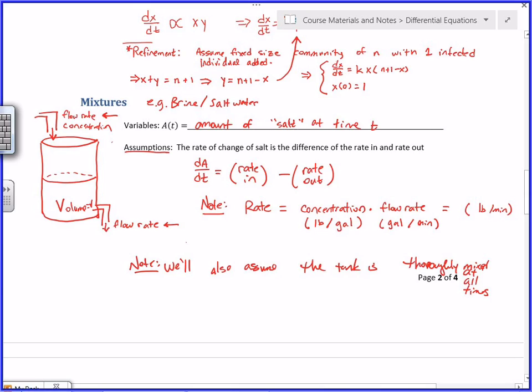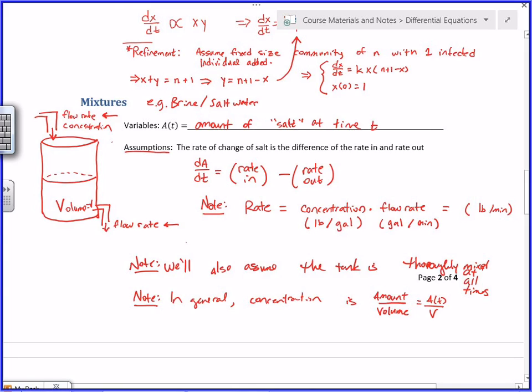And just one other side note, stick in here. In general, concentration, you should know this already, but I'm going to write it down anyways, is amount over volume. Okay, that would be A at time t divided by the volume of the tank.